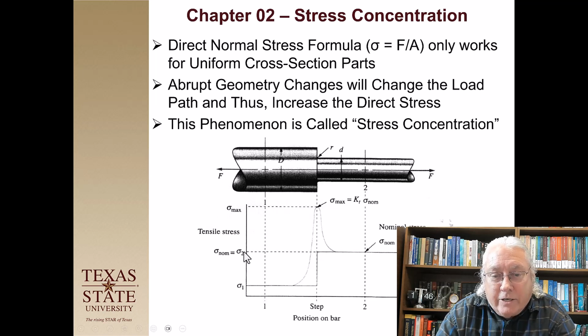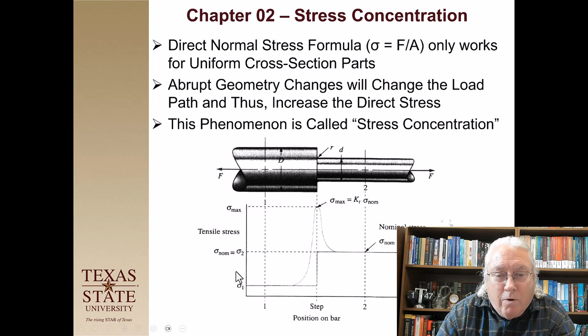So in the x direction, this is the location along the length of this shaft. And what it's plotting here is the normal stress in this shaft as I go from left to right. You start over here on the left, it's sigma 1, and it's constant. I've got a force on each end pulling, and so the normal stress sigma 1 is just going to be this force divided by the area of this left end over here.